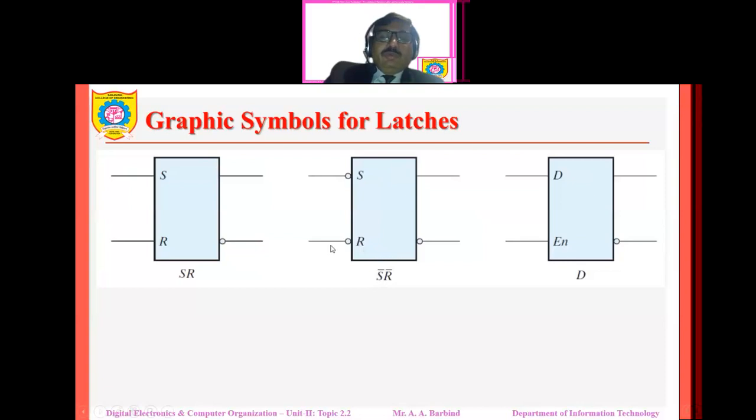Okay, so the flip-flop will be set with S is equal to 0 or reset with R is equal to 0 in this case, whereas in this case the flip-flop will be set by S is equal to 1, and it will be reset when R is equal to 1, whereas this is the symbol for the D latch. So this is the enable input, this is the D input, and these are the Q and Q bar outputs.